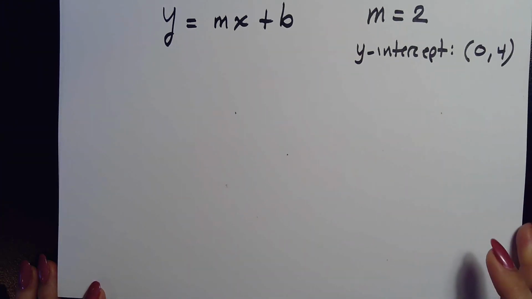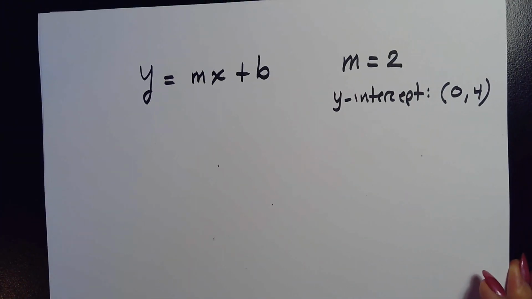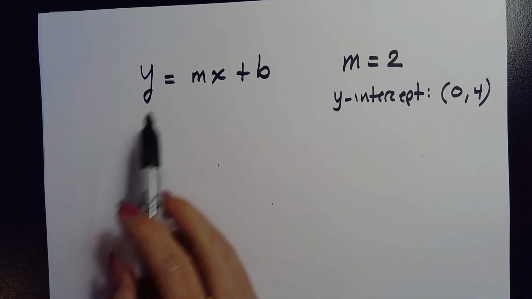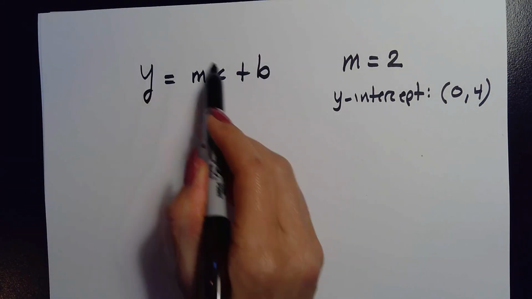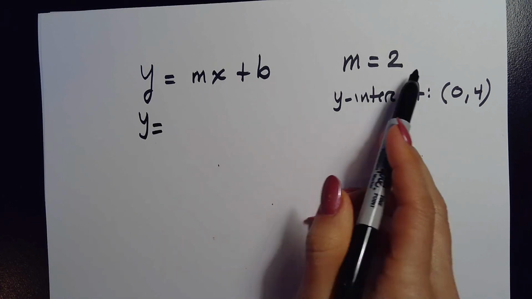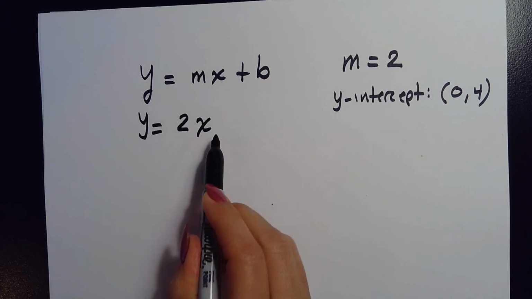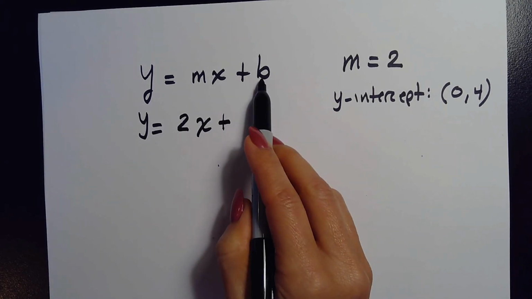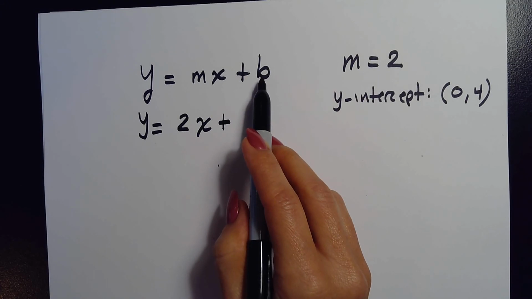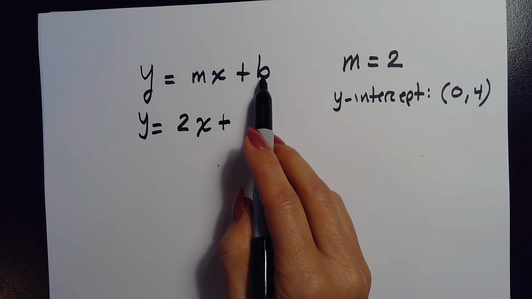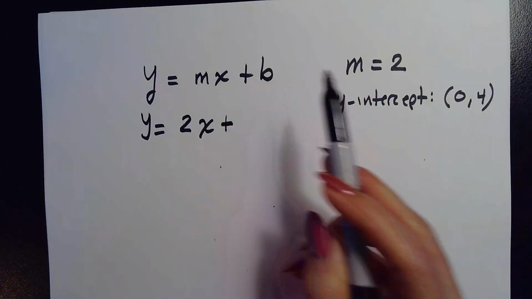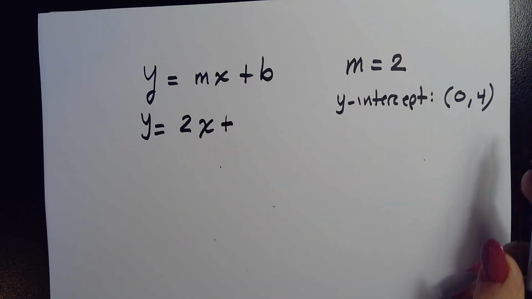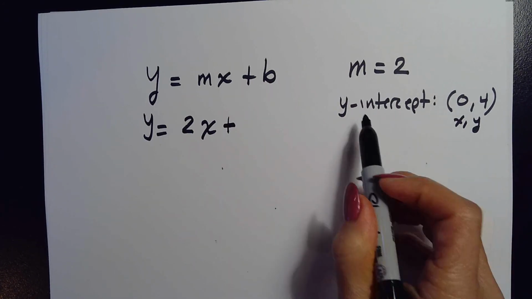We didn't calculate, we read it from the graph, right? So that was the y-intercept. So here, if you write the equation, this is in slope-intercept form. You already know m, so it's 2x plus b, where b is the y value in the y-intercept. So this comes from the y value in the y-intercept.